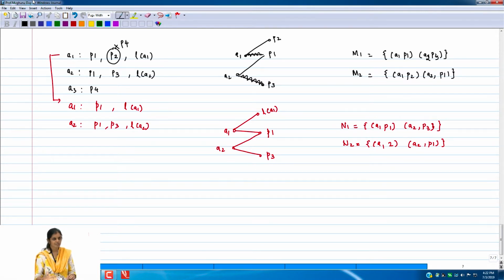Now can you do this for an instance in which a popular matching is forced to do this? Is the question clear to everybody? Maybe I will write it clearly.